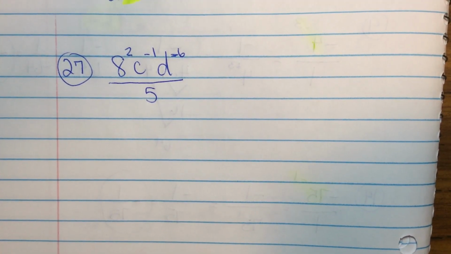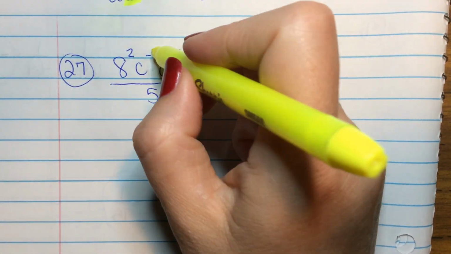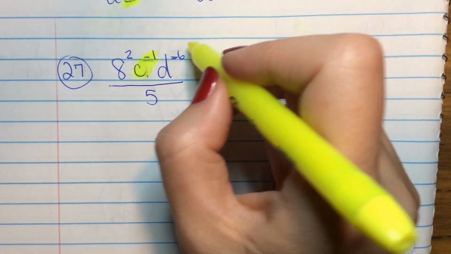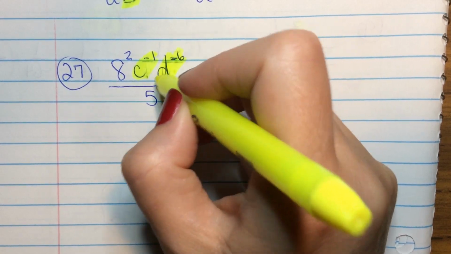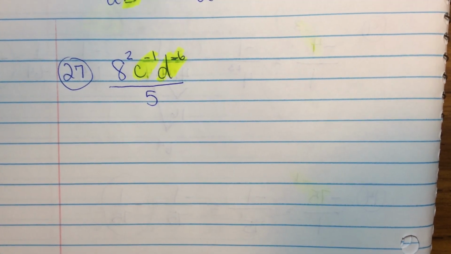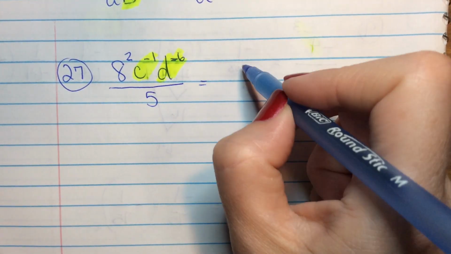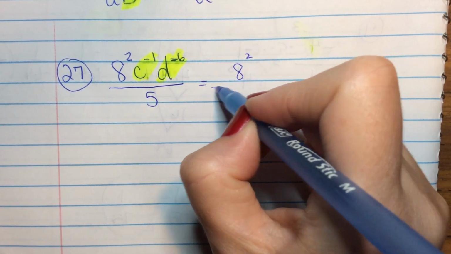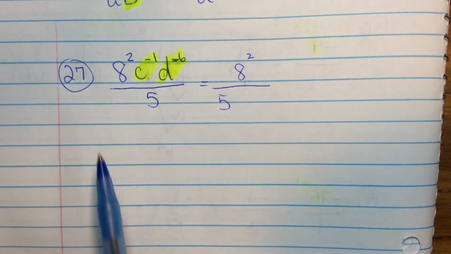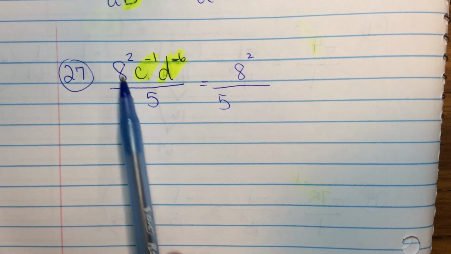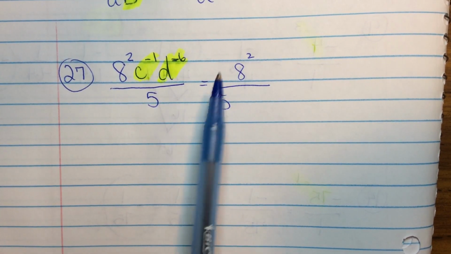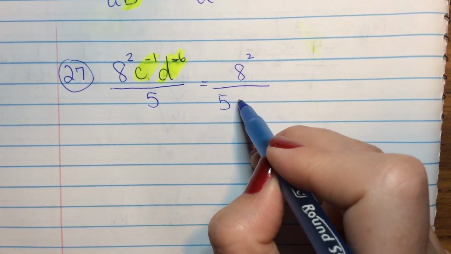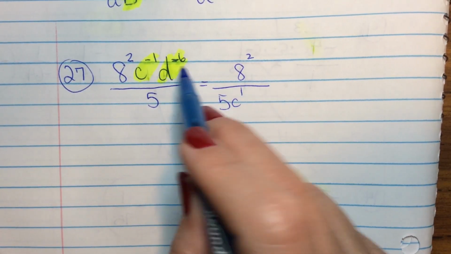All right, let's highlight what we need to move. c to the -1 needs moved, and d to the -6 needs moved. So I'm going to rewrite 8 squared stays where it is, and 5 stays where it is. They did not need moved. They're not going to get moved. c to the 1 is going to come down to the bottom, and d to the 6th.